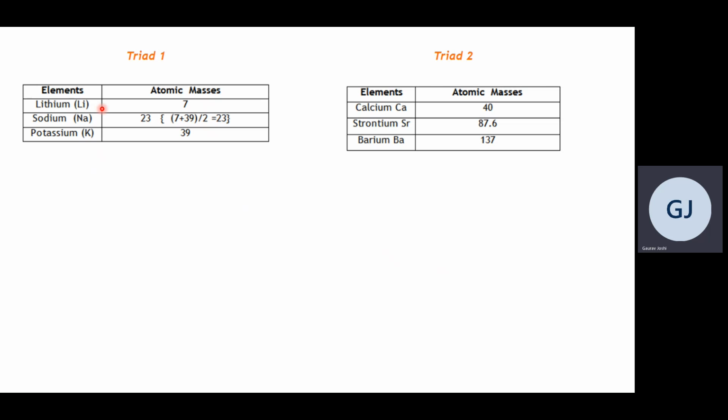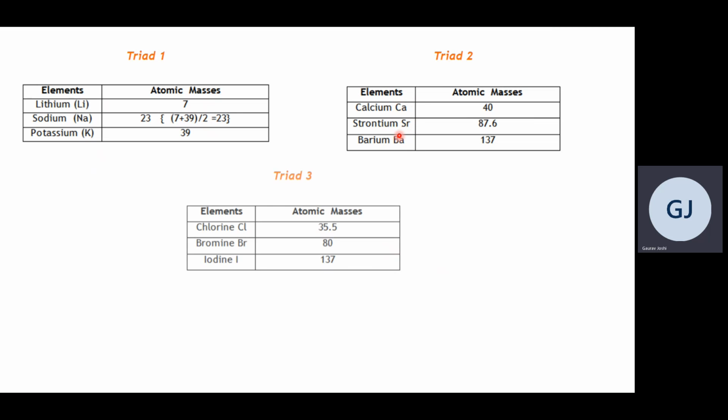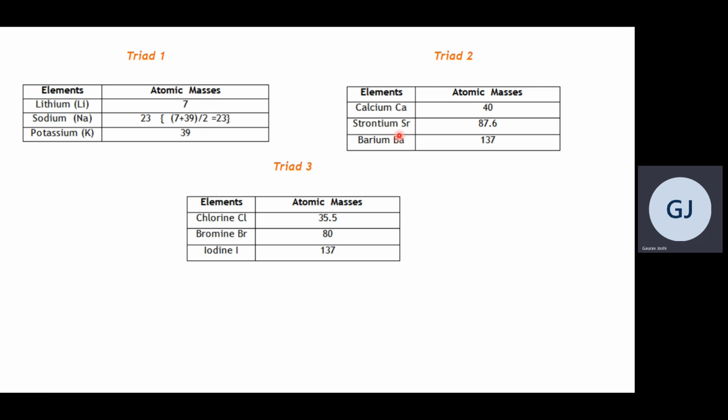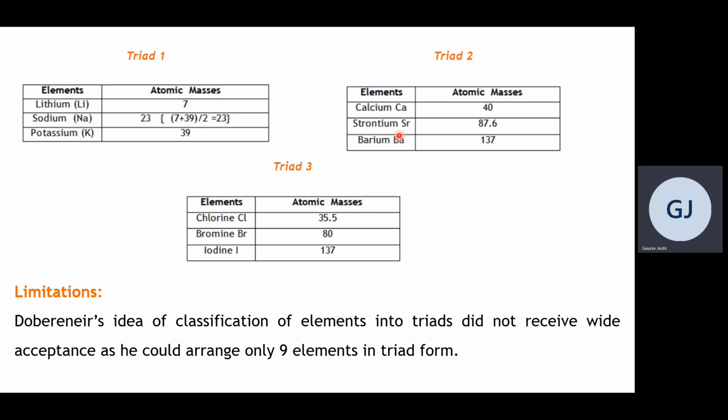Second, he made a triad of calcium, strontium and barium. Calcium is 40, barium is 137, and 137 plus 40 divided by 2 is around 87.6. This 87.6 is the mass of strontium. So he said that calcium, strontium and barium have similar properties. This way he made some triads, a group of three elements.